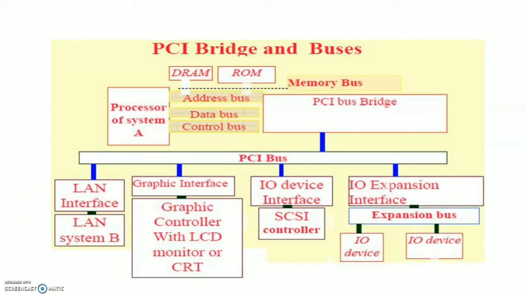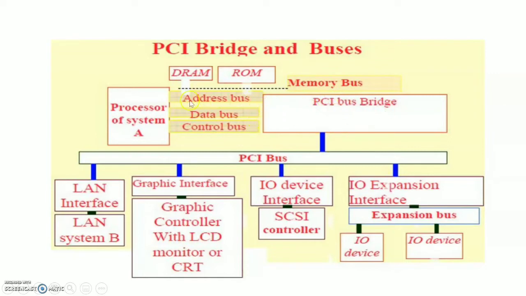Next, let us see the diagram of the PCI bus and PCI bus bridge. This is the PCI bus. You can see that various devices or peripherals are connected to this PCI bus, and there is a PCI bus bridge, which enables the communication of the PCI bus with the other buses. In order to connect this PCI bus with the memory bus, there is a bridge.